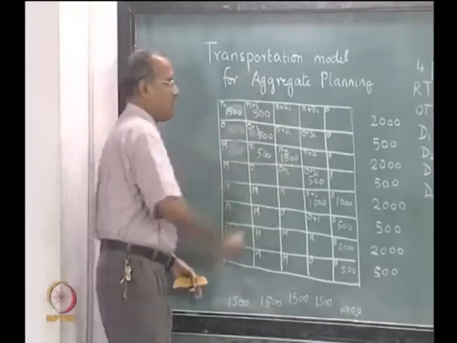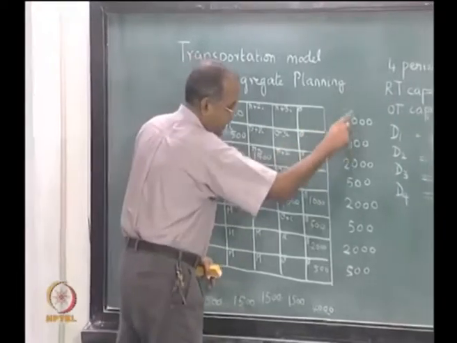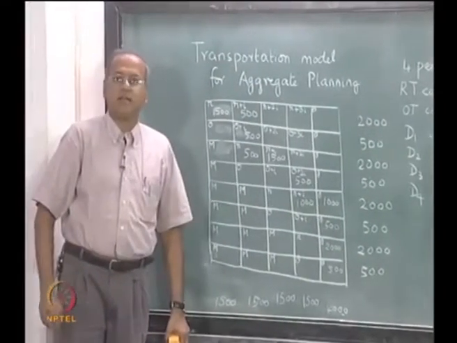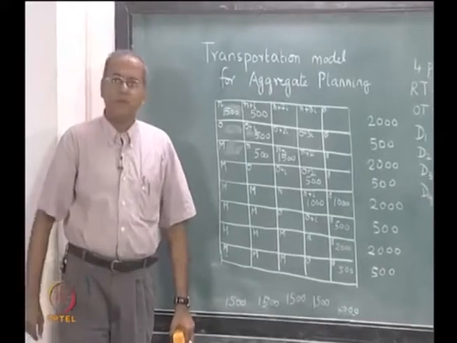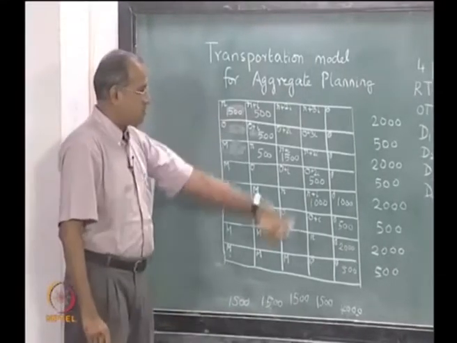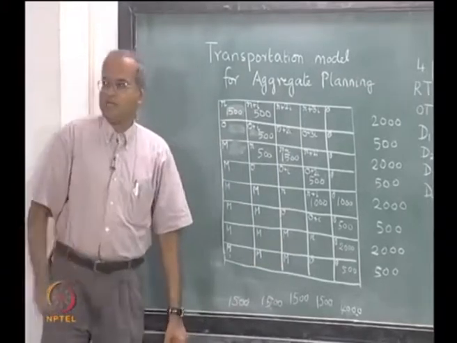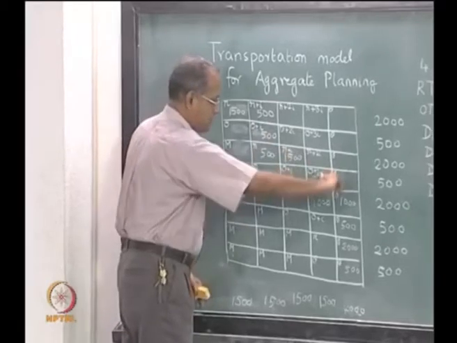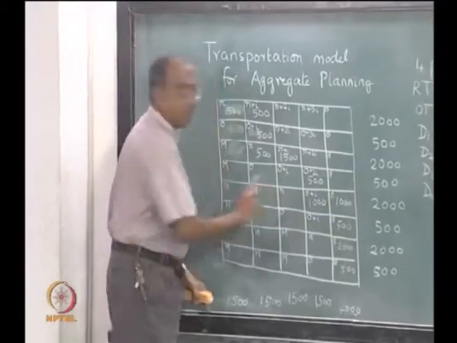So, in this particular example, we have 8 supply points and 5 demand points. So, we have 13, 8 plus 5 is 13, m plus n minus 1 is 12. So, the basic feasible solution should have 12 allocations. Now, let us see, 1, 2, 3, 4, 5, 6, 7, 8, 9, 10, 11 allocations we have.